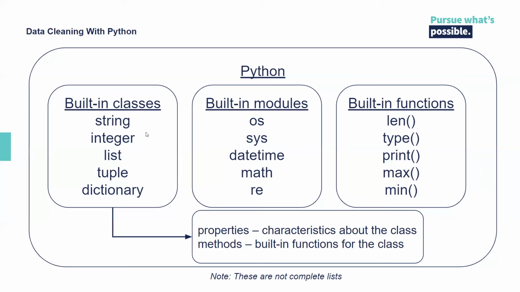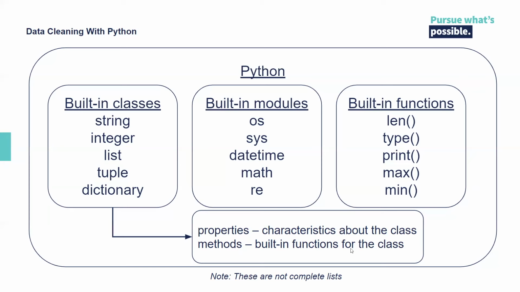Each class, such as string, which is just text, integers, which are whole numbers, and lists, which are just like they sound, lists of values, and so on, is going to have a number of properties or characteristics, and they're going to have methods associated with them, which are built-in functions for the class.